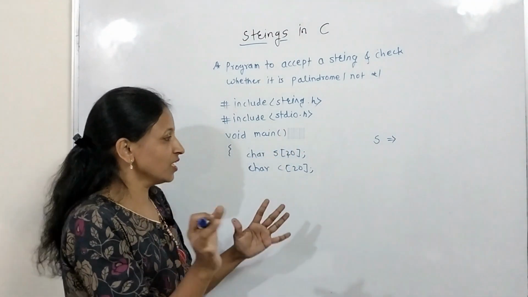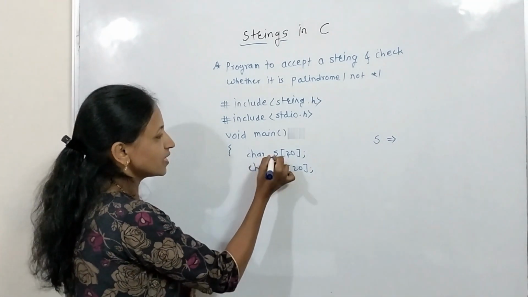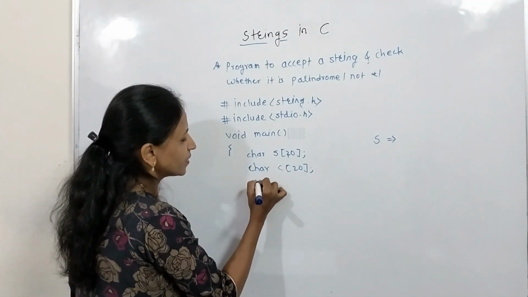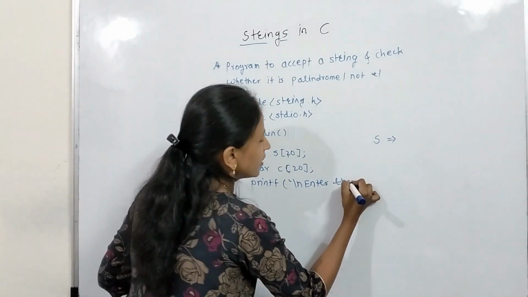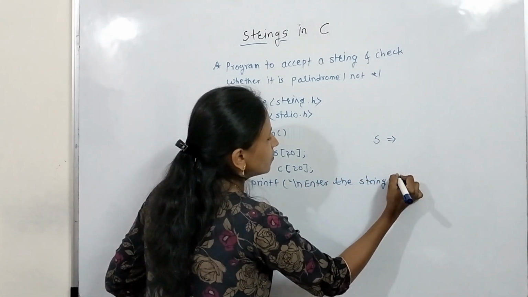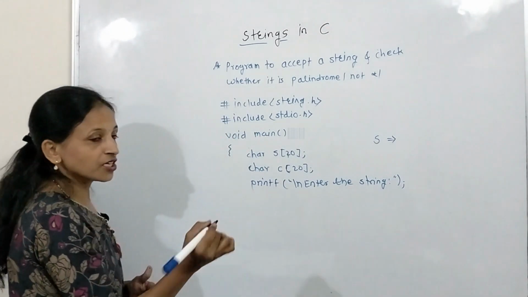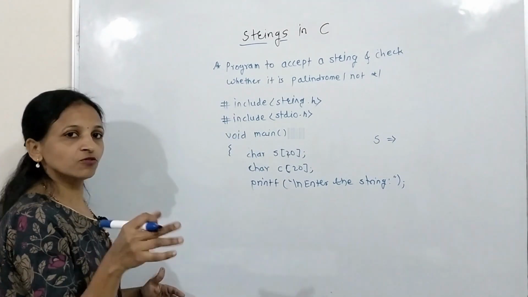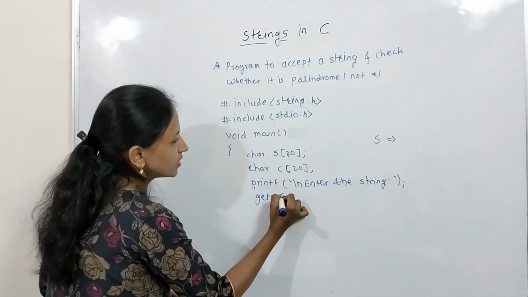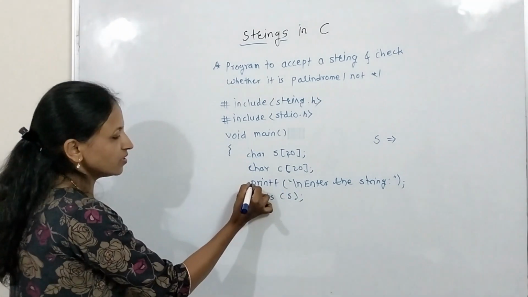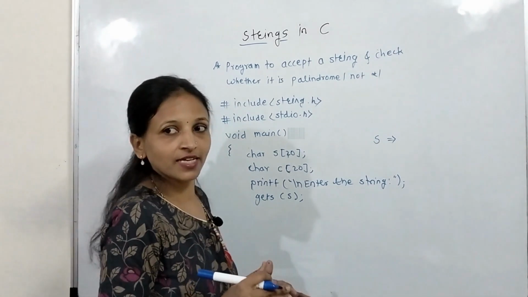How? See, first we will accept that source string, like printf enter the string. Now here we will accept that string, either you can use scanf or you can use gets, anything. Here I am using gets s. Now I am going to reverse that s.